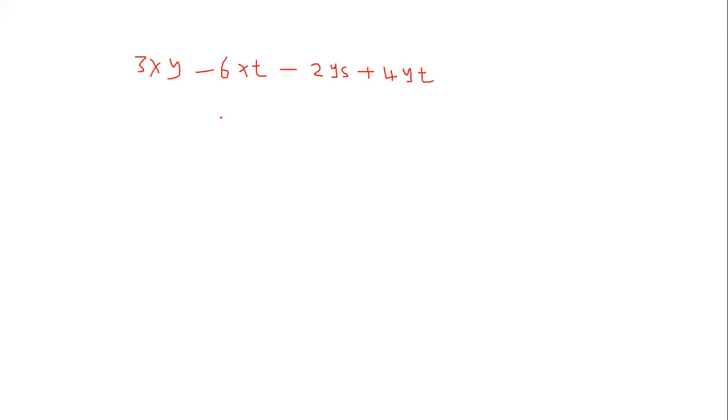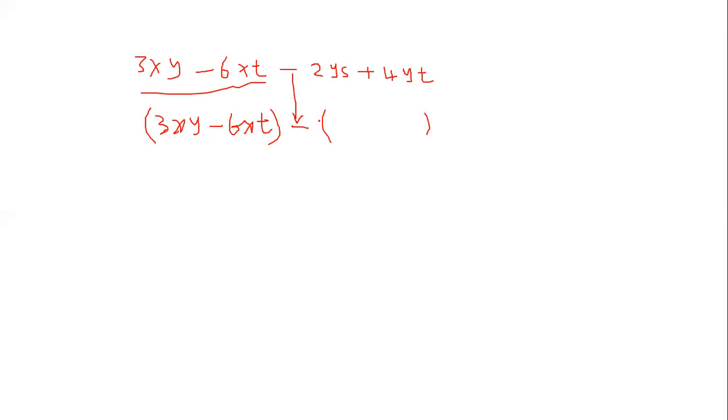Same idea, I'm going to make it into two groups. The first two terms as one group, 3xy minus 6xt, I'm going to rewrite it using a parenthesis to denote the first group. And then the second one, I bring down the subtraction and put a parenthesis. But you have to be careful here.